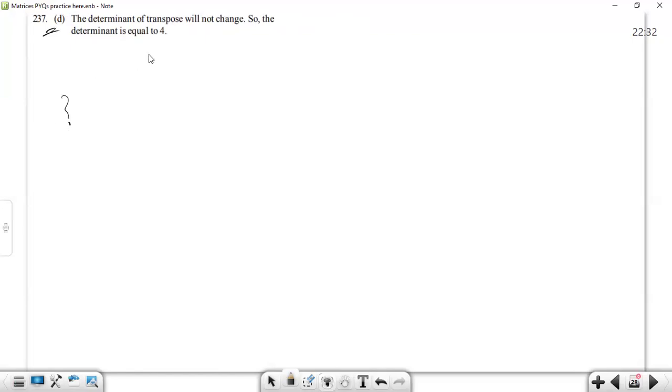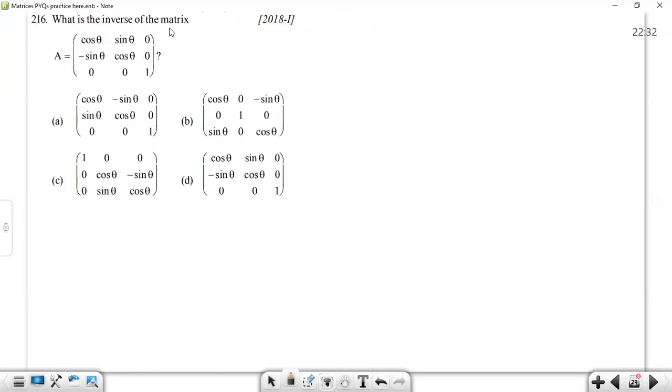No, sir. Okay, now we have to find the inverse. For finding the inverse, first let's find out the determinant, but it's of no use because there are matrices in all the options. So instead of finding the inverse, we can go with the simple solution.